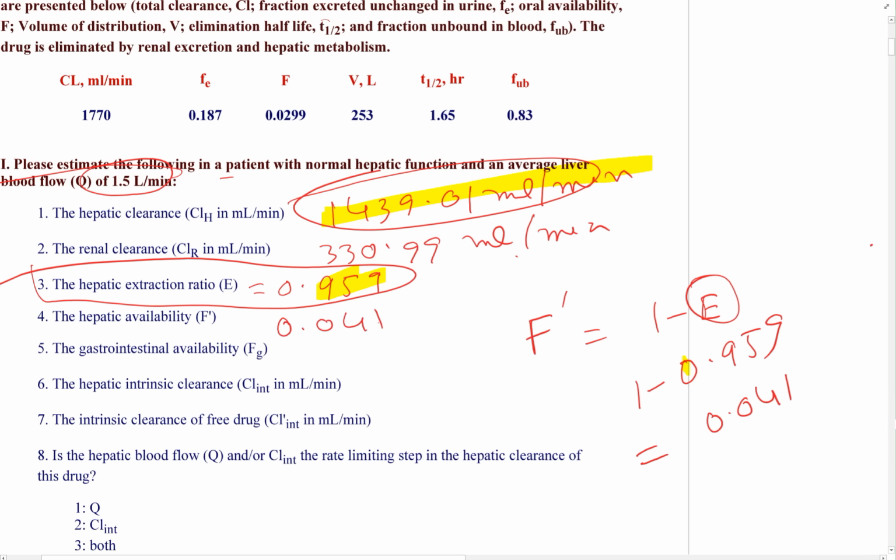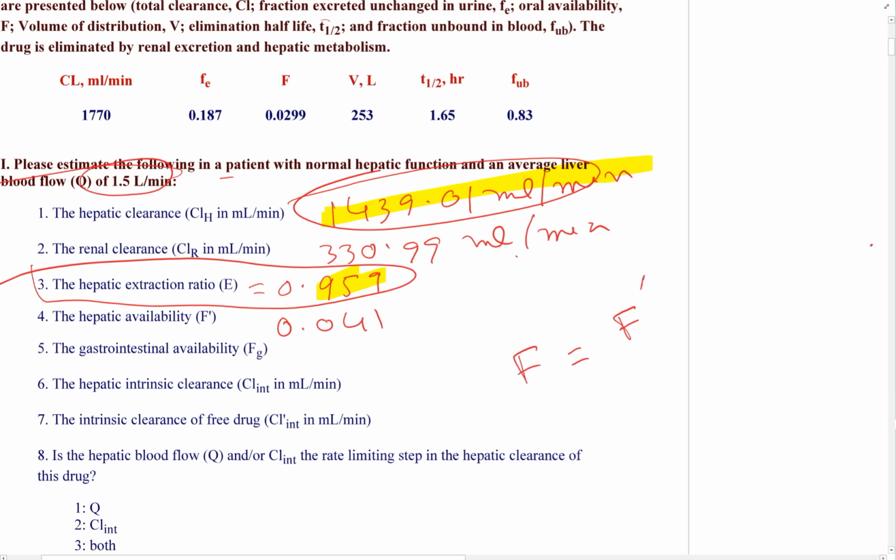And then in my previous video, I explained what gastrointestinal availability is. The gastrointestinal availability is the fraction of the drug that escapes metabolism or degradation in the GI tract. There is a relationship: oral bioavailability is hepatic availability times GI availability.